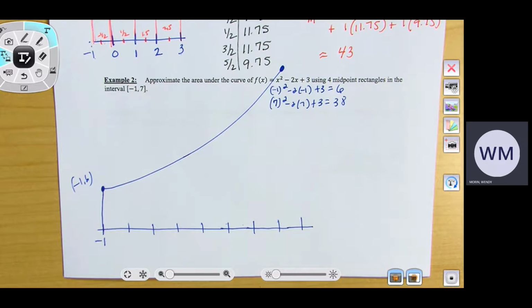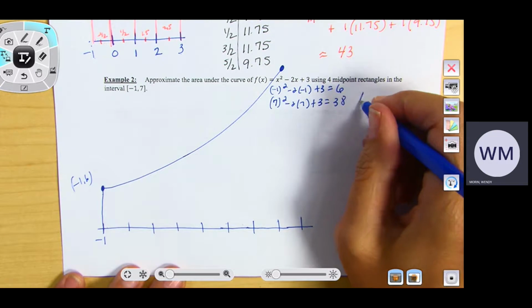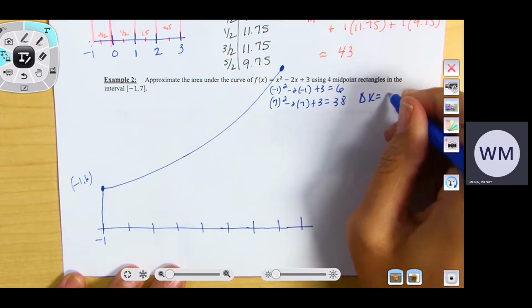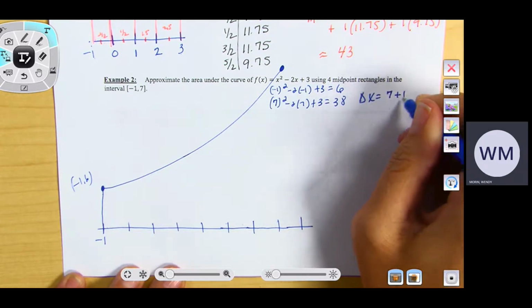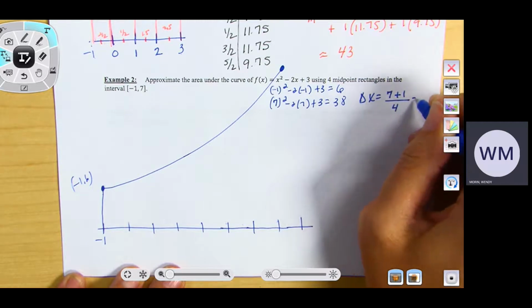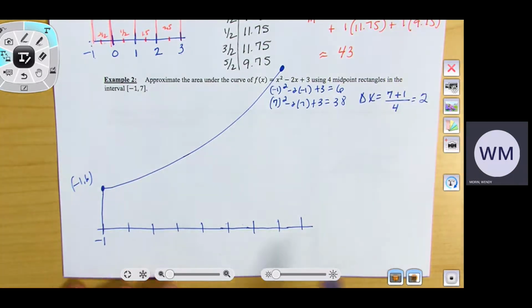So for midpoint rectangles, this is 1, 2, 3, 4, 5, 6, 7, 8. Obviously we're not going to go by ones. Would it make sense to go by twos? Again, there's a formula for that. Your delta x is b minus a divided by the number of rectangles you want. That's the width.